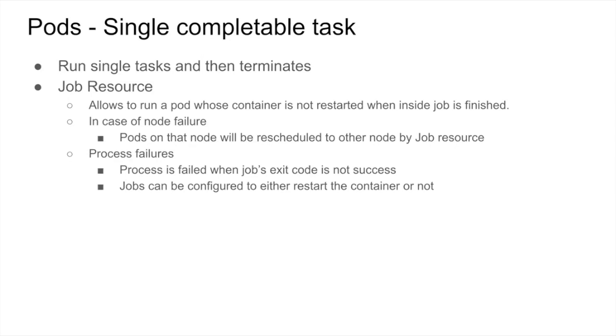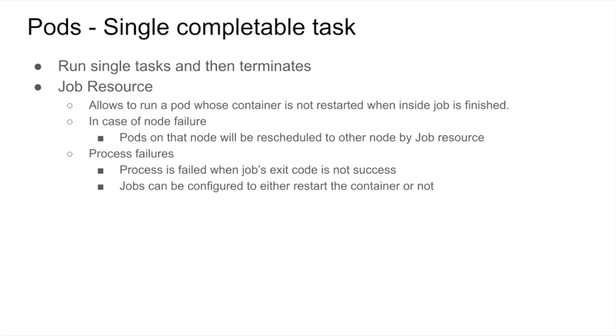Process failures: to identify whether the job running inside your pod is successful or not, that is identified by the return code of that job. Generally, a return code like -1 is considered a failure. Same is the case here.